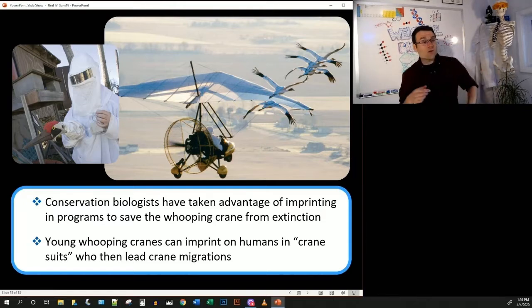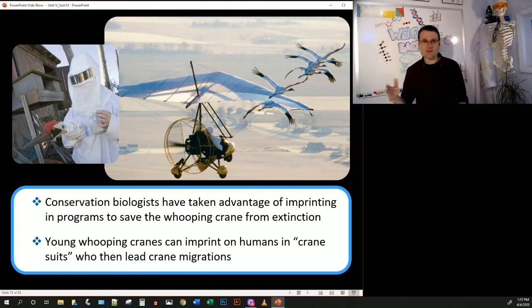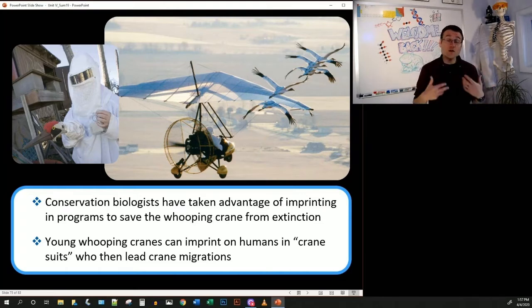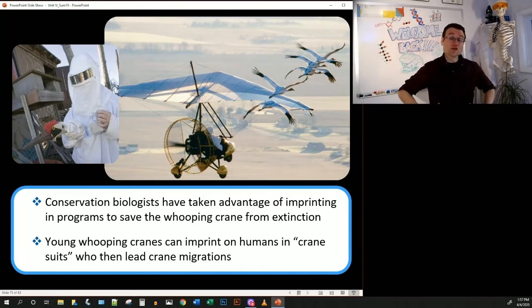Now, I should say that the point of the crane suit is not to fool the whooping cranes into thinking that you are a crane. You know, it's hard to know what animals think about things a lot of the time, but that's not really the purpose. The actual reason is just so that they don't think that you're a human. They don't want them to become imprinted on the image of humans, because then they would probably go into human-dominated areas, into traffic.